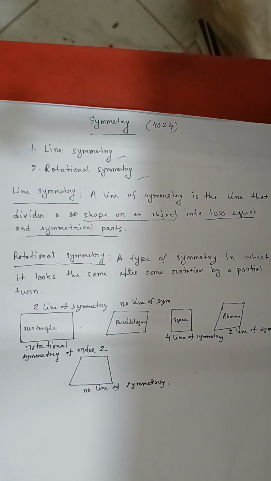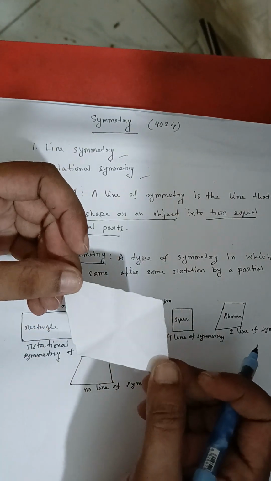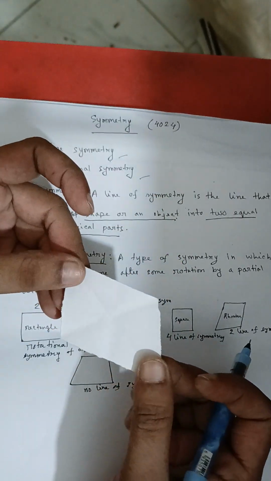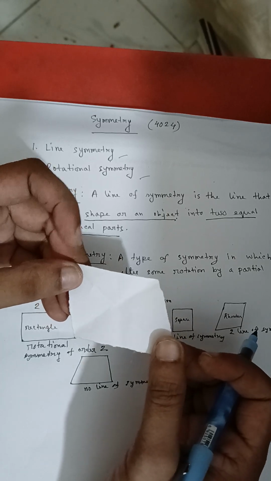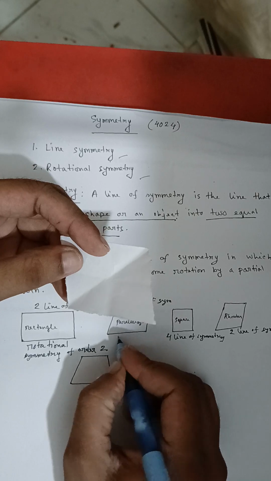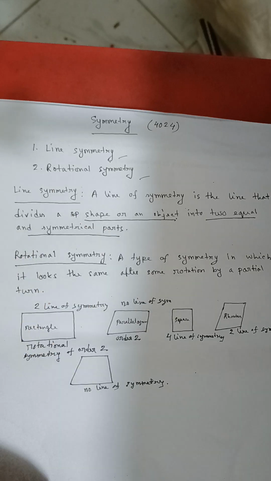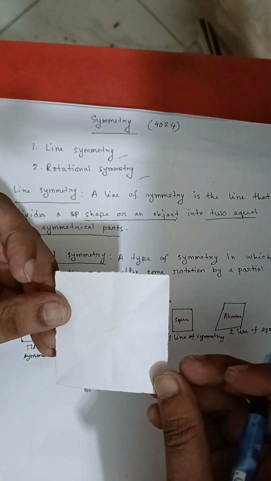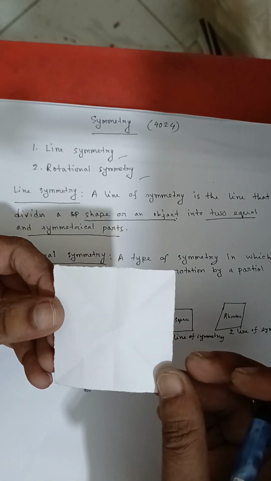Now for a parallelogram, if I rotate this one like that, then I will get the same result, isn't it? So what is the order of this one? Order 2. Rotational symmetry of order 2. If I take a square and rotate this one 4 times, then I will get the same shape, right?